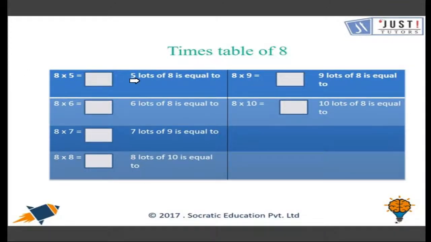Now, 5 lots of 8 will be 40. Then 6 lots of 8 will make 48. 7 lots of 8 will be equal to 56. 8 lots of 8 will be equal to 64. 9 lots of 8 will be 72, or 8 times 9 will be 72.